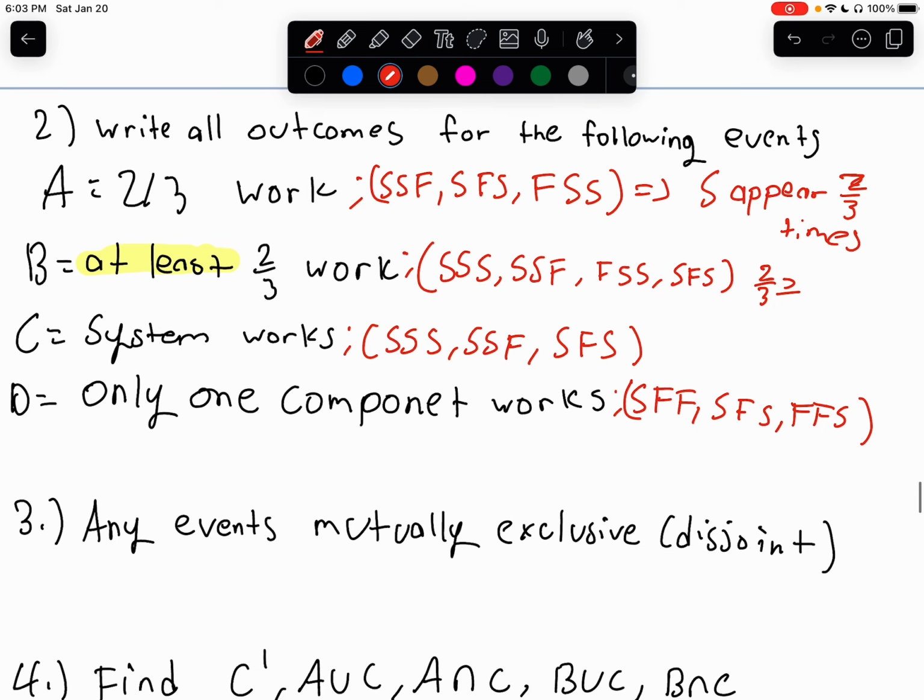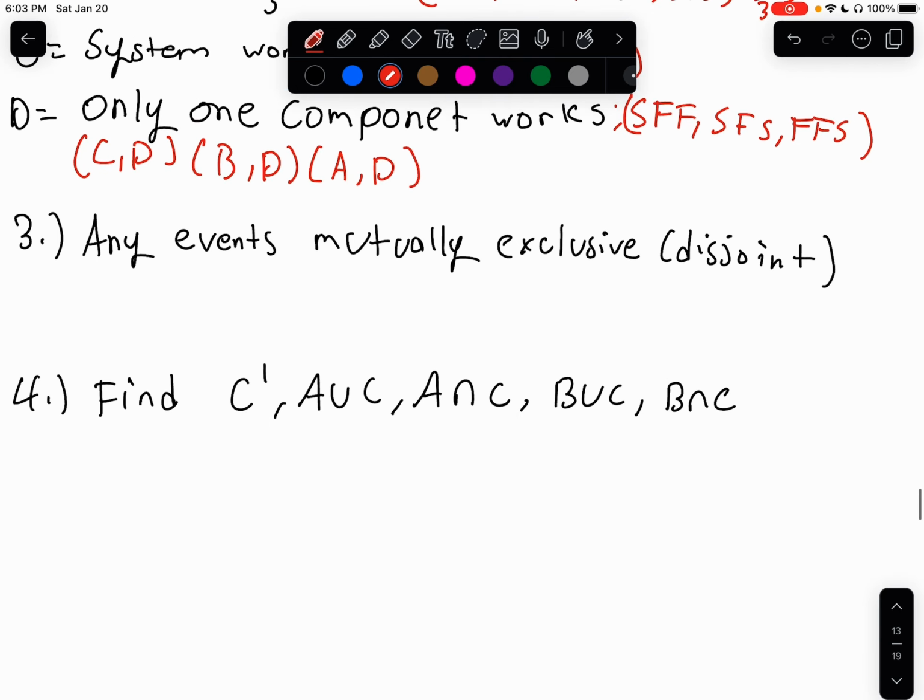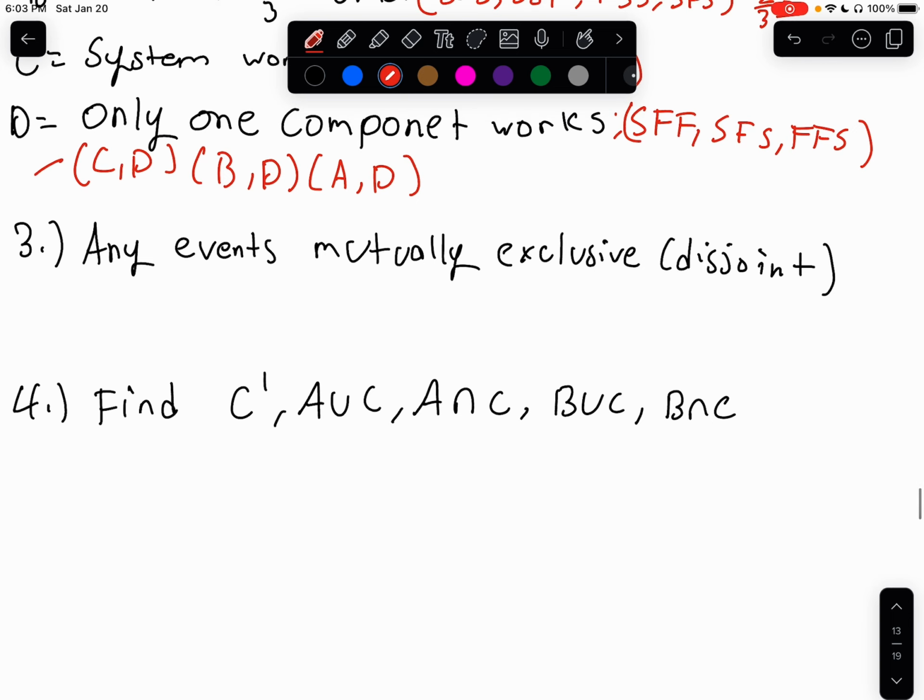So now we have the answers of C and D. We have none of them in C and none of them in D, so they are disjoint. B and D, and A and D, right? None of them correlate with each other, all right? Next one.